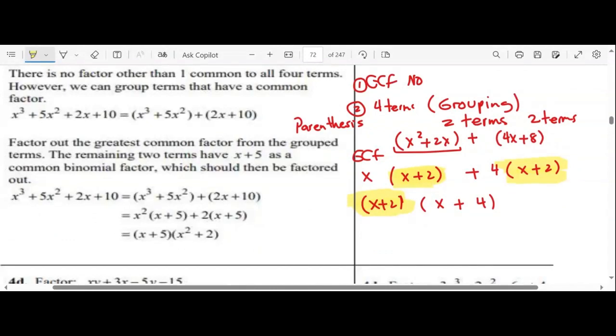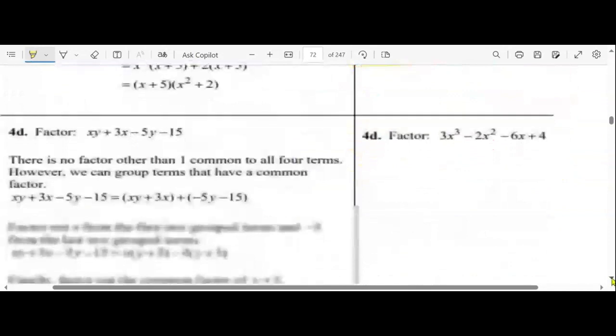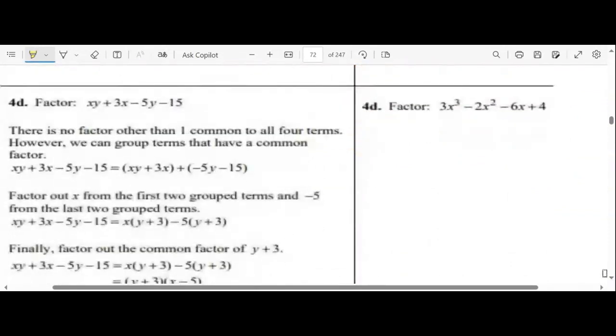Okay, let's take another one, because the more we do, the better you understand. How many terms here? 4. Do we have greatest common factor? No. So in this case, we're going to take 2 terms and 2 terms, right?